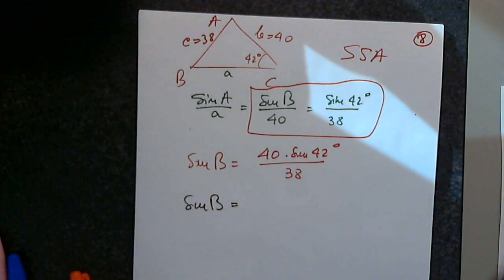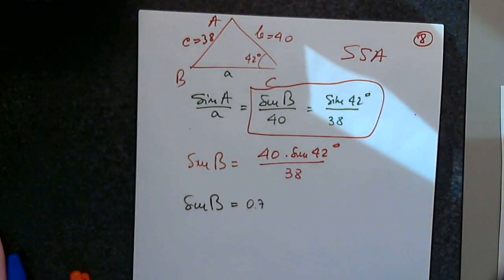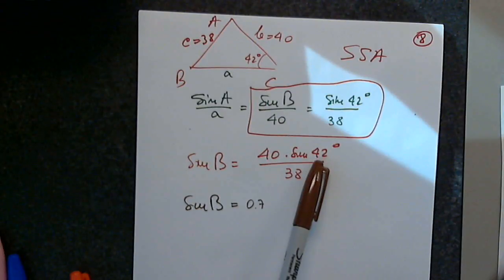So what is sine B? About 0.704. Then you apply sine inverse. I just wanted to know for sure that you were in degree mode.